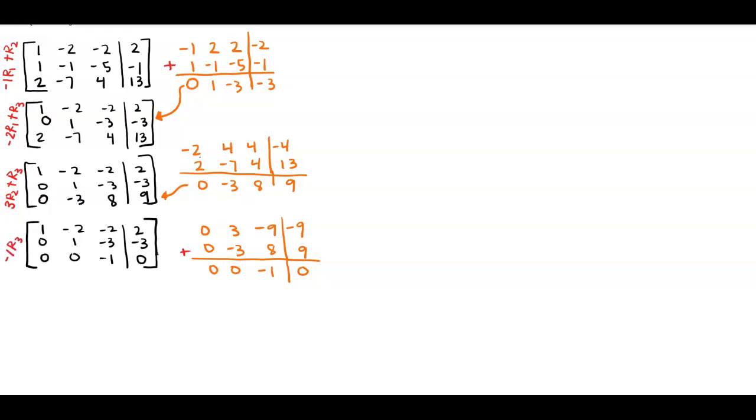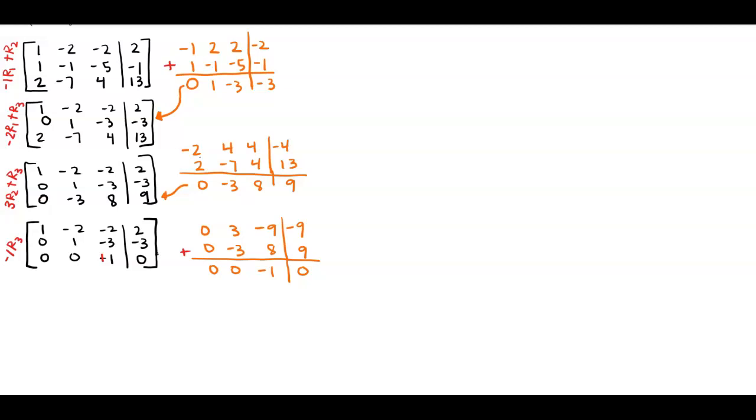But that's not going to change my 0 over here. Really, all it changes is that minus to a positive, and 0 doesn't carry a sign, so it doesn't change its sign there.